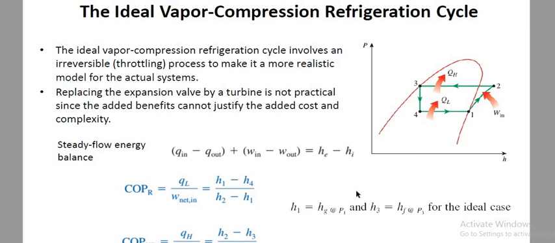Like I mentioned before, in the throttling process we don't have any issues with the moisture content of the refrigerant. So this makes it a more feasible yet ideal model on which the actual models can be designed or modeled.